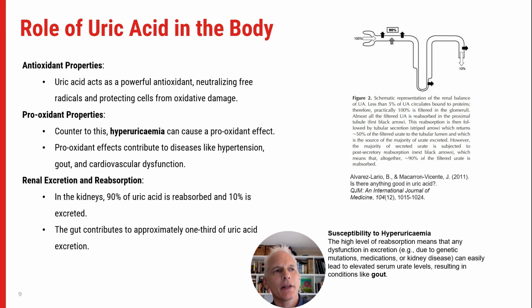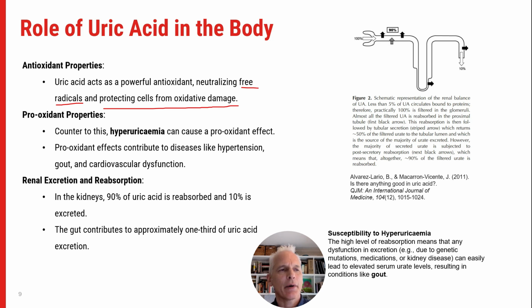Uric acid acts as a powerful antioxidant. This helps to neutralize free radicals which come from metabolizing of other foods, and protects cells from oxidative damage. So it is probably in total the most powerful antioxidant in your blood.